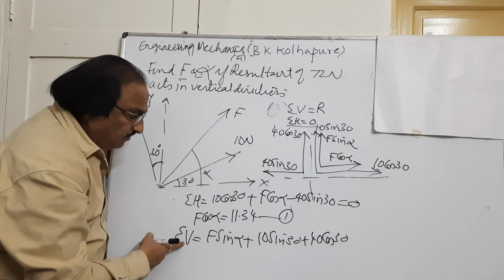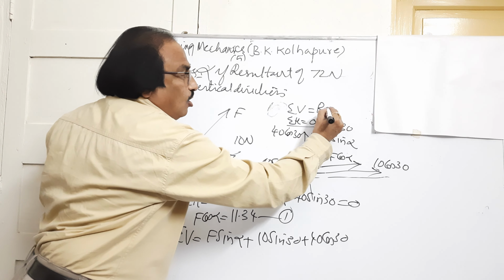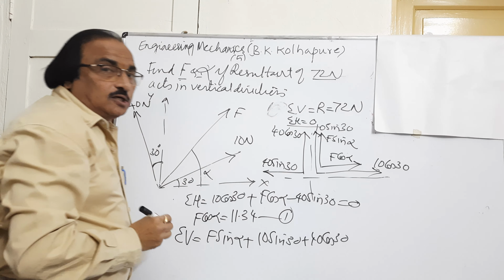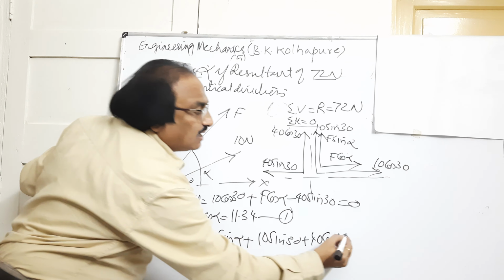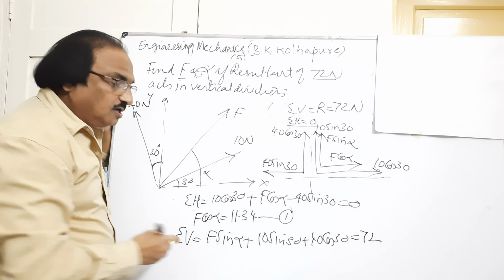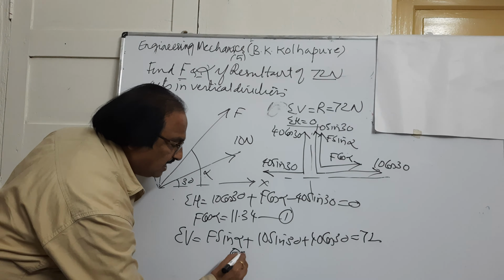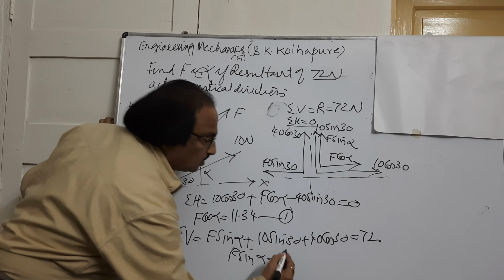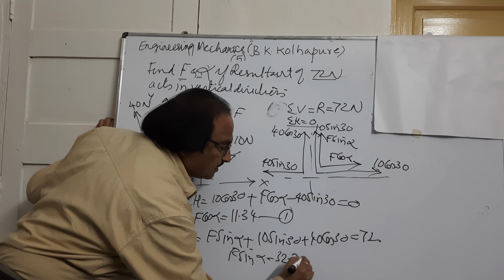And this sigma V is equal to resultant. And how much is the resultant given to you? 72 Newton. So this value should be equal to 72. Now if you simplify, you get F sin alpha is equal to 32.36.